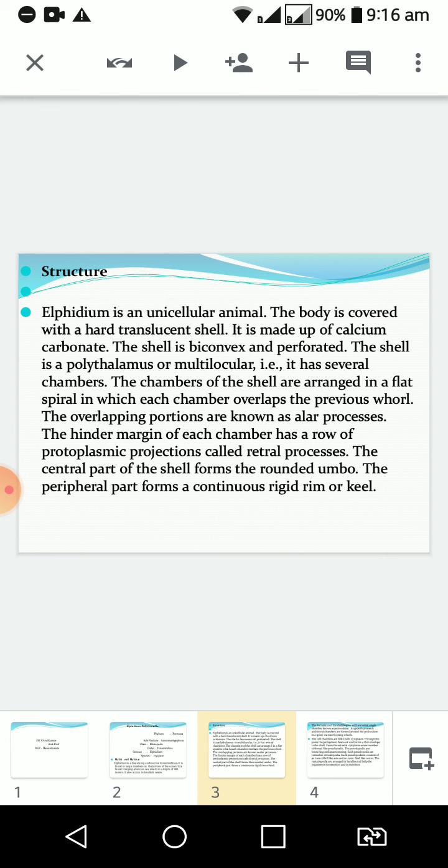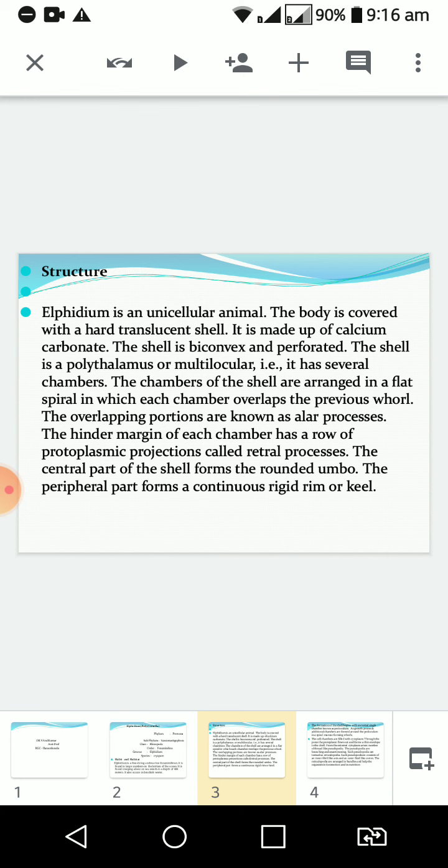The central part of the shell is called the umbo. It is the central region, present in the middle part. The peripheral part forms a continuous rigid rim or keel.